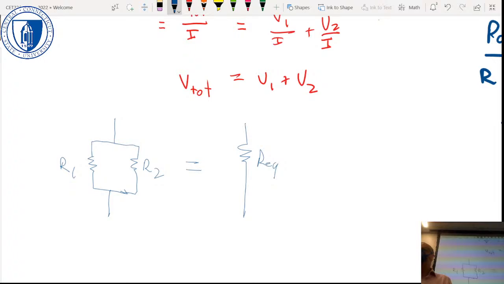Sometimes mechanical engineers think geometrically in parallel is the same as electrically in parallel. They're not. The other thing is, just because they're not geometrically in parallel doesn't mean they aren't electrically in parallel. For example, I could draw something like this, right?